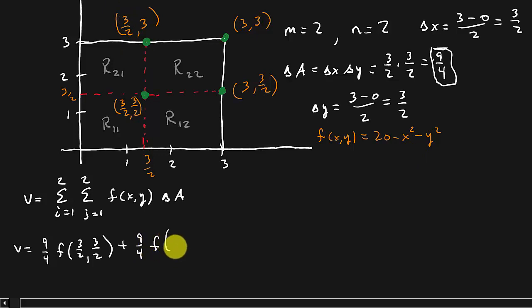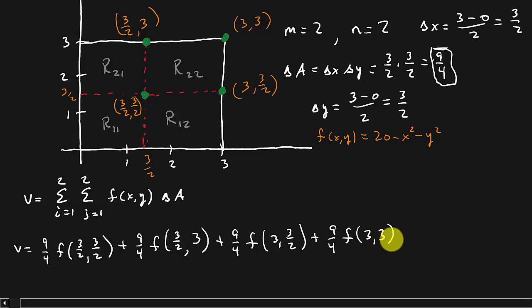So that's f of 3/2, 3/2, plus 9/4 times f of, and then we'll do this point. I mean, it really doesn't matter, you're adding them up. And so at this point, that's f of 3/2, 3/2 plus 9/4 times f at this point. All right. So there you go.